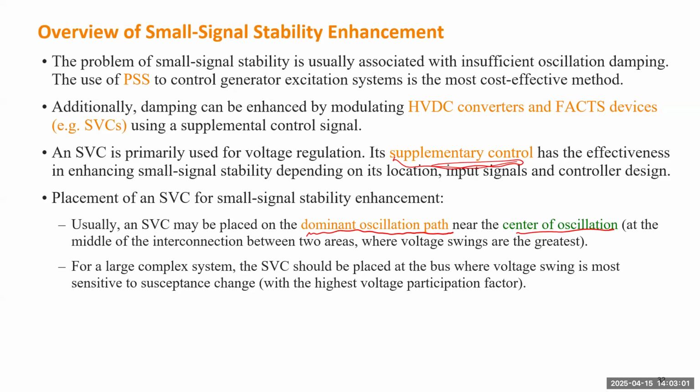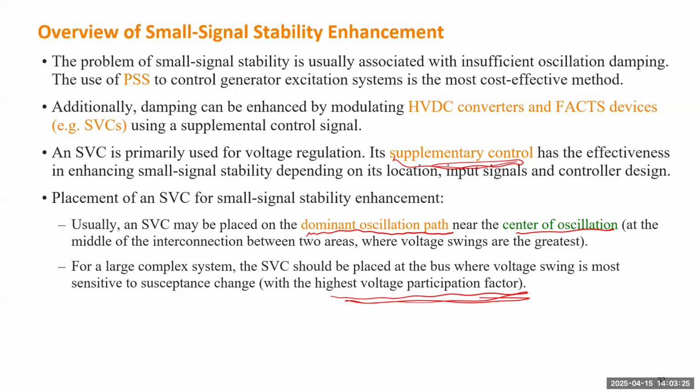But if you have a very large complex system, the SVC needs to be placed at the bus where the voltage swing is most sensitive to the susceptance change. Basically, that means it has the largest voltage participation factor. I will explain this a little bit in the last session about voltage stability.